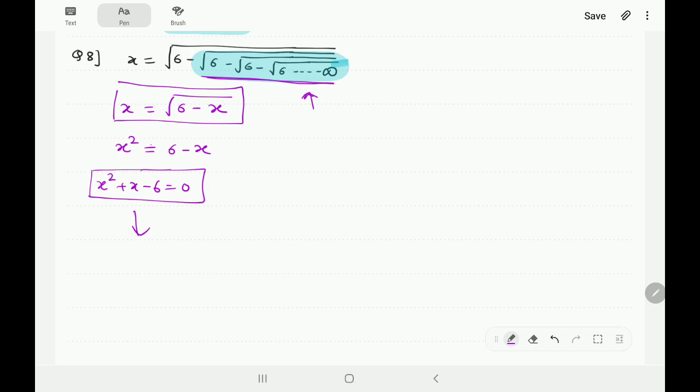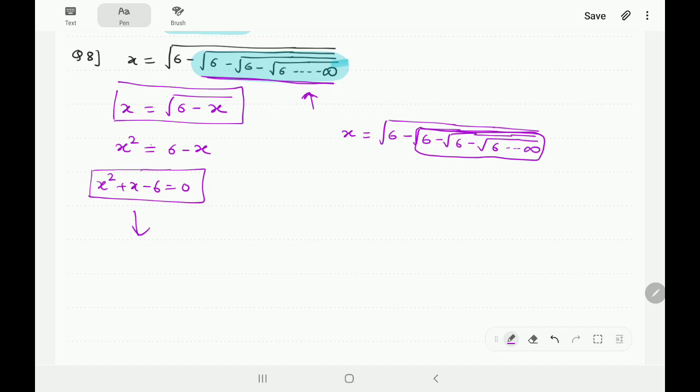Okay, did you get the point or you still did not get it? Again I repeat, check it. x is equal to under root of 6 minus under root of 6 minus under root of 6, right? Minus under root of 6 and so on till infinity, right? Now you can check this part which I'm just trying to show you.